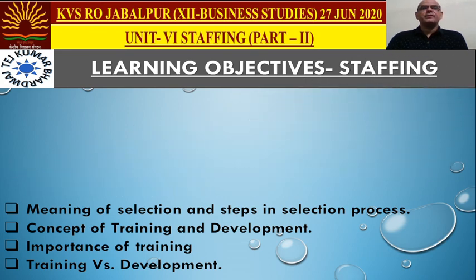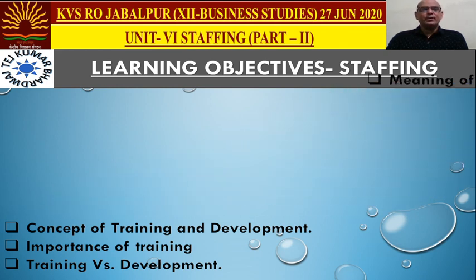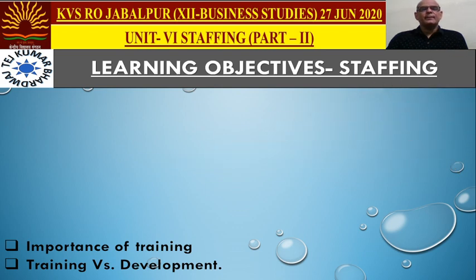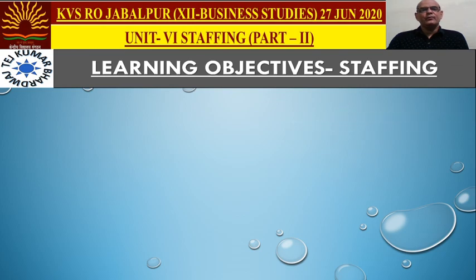In today's session, we will be discussing selection, its process, all the steps in the selection process. Then we will discuss the concept of training and development, the importance of training for employees as well as for the organization. And finally, we will discuss training versus development. So let us begin with staffing.